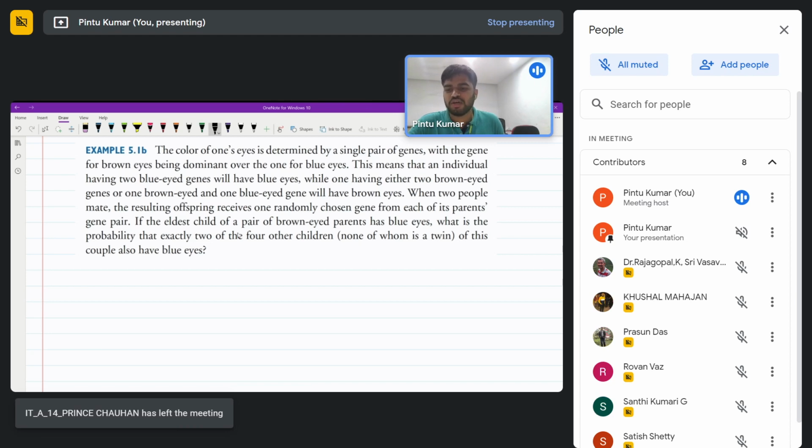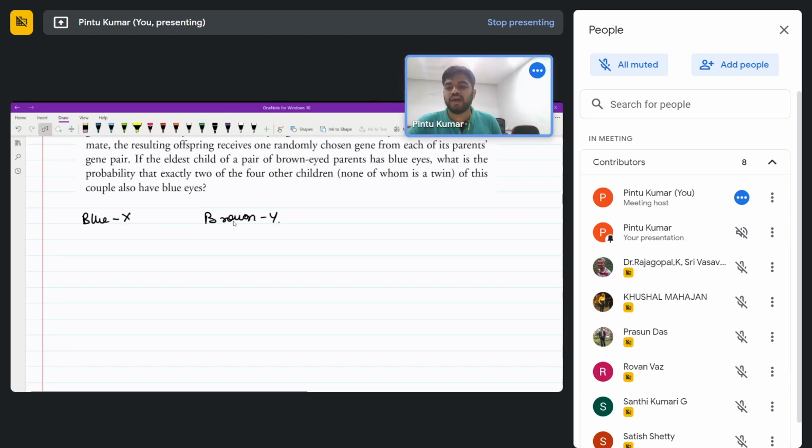Let's denote blue by X and brown by Y. If a person has XX genes, he will have blue eyes: he gets one gene from his father, one from his mother, and has blue eyes. If that person has YY, again it's simple, he will have brown eyes.